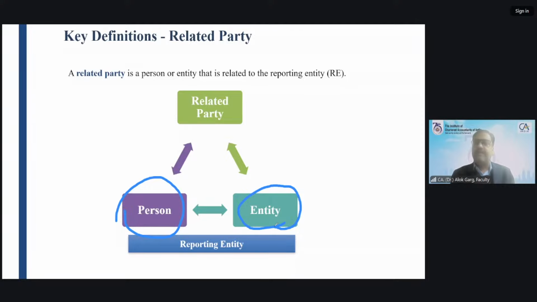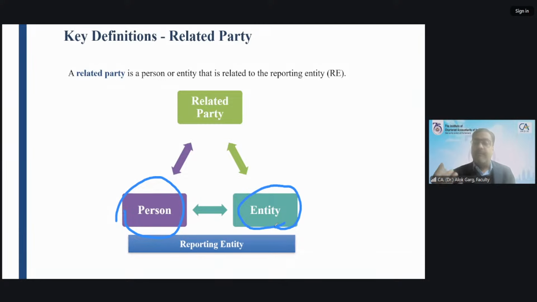For example, you are the founder of a company. You have founded Saminathan and Company Private Limited, providing consulting or training services on Ind AS. You are the promoter, majority shareholder and director of this company.